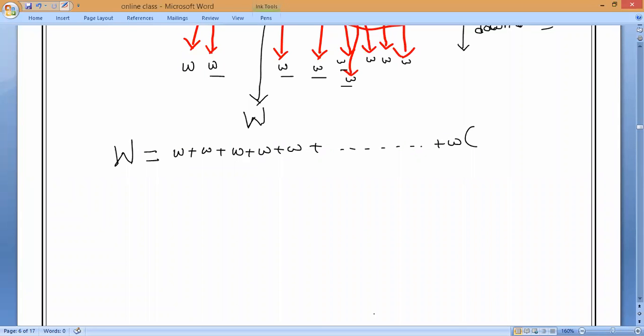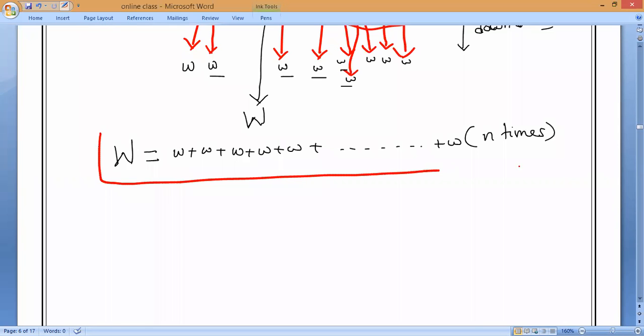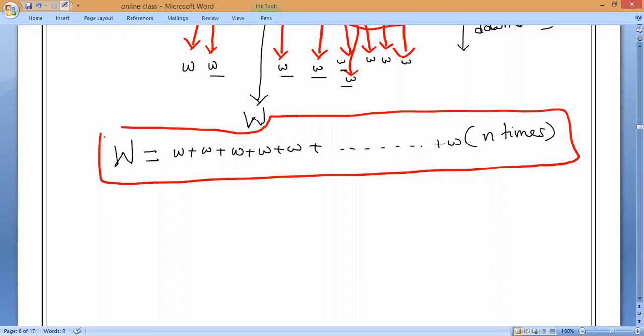Till how many times, Mitakshri? N times, sir. N times, because each body is made up of a different number of particles, so we take it as N times. This is what we call the center of gravity.